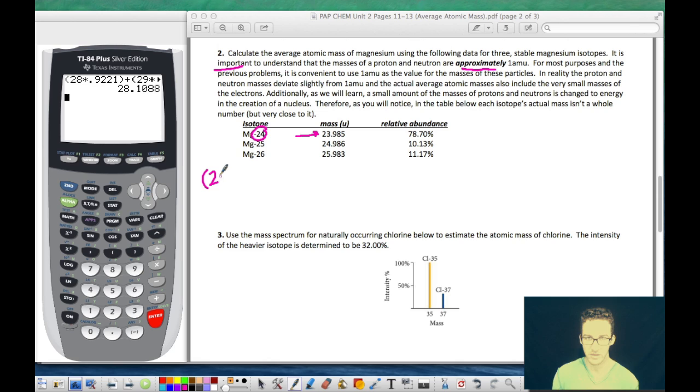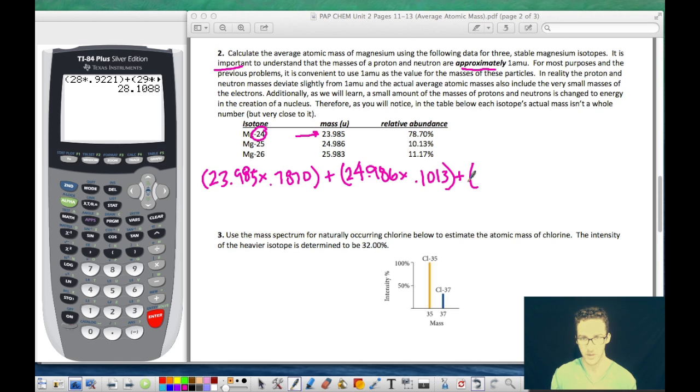We take the mass, 23.985, of that first isotope times its percent abundance of 0.7870, plus 24.986 times 0.1013, close parentheses, plus new parentheses, 25.983 times 0.1117.